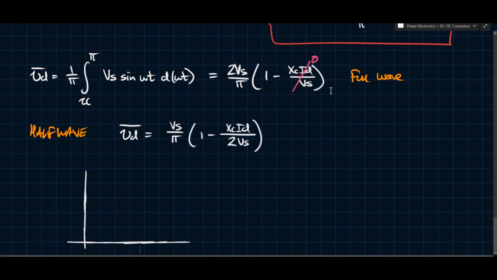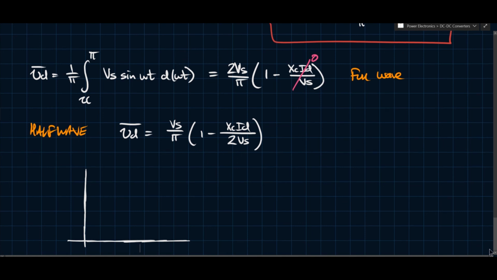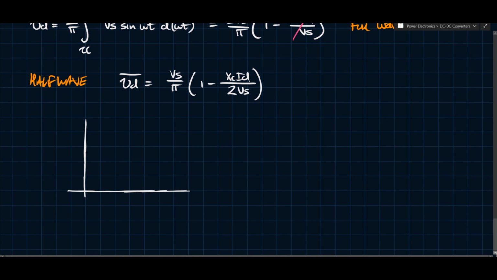So variations in the output current will impact the full wave more than they'll impact the half wave. That's literally the only benefit, but usually that trade-off isn't worth using a half wave rectifier. So we live with that, because we can usually ensure that the output variations are kept to a minimum, and so we don't really have any issues.